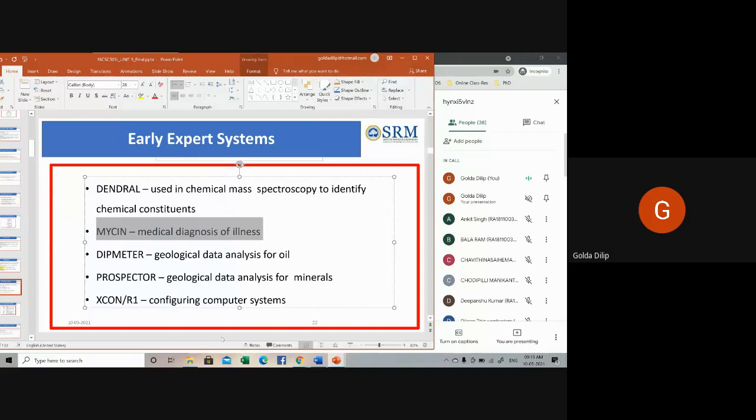Then you have the Dipmeter, an expert system that helps analyze data gathered during oil exploration, that is, geological data analysis for oil. Then you have Prospector, a decision system that helps with mineral exploration problems.